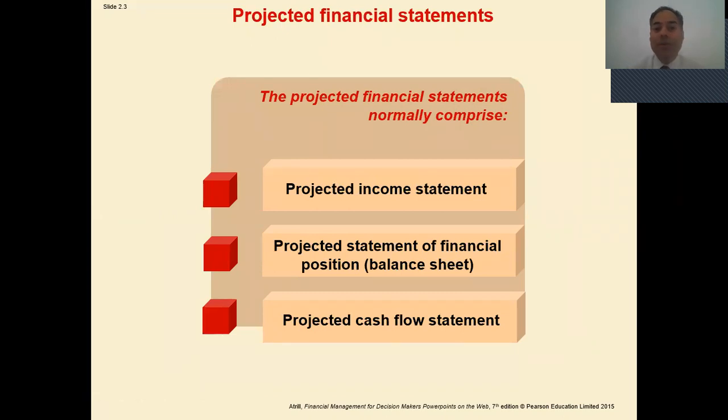Projected financial statements normally comprise our projected income statement or profit or loss, projected statement of financial position, a balance sheet, and a projected cash flow statement. So cash is king. We've got to guard and look after our cash. Otherwise, we will get ourselves into trouble.